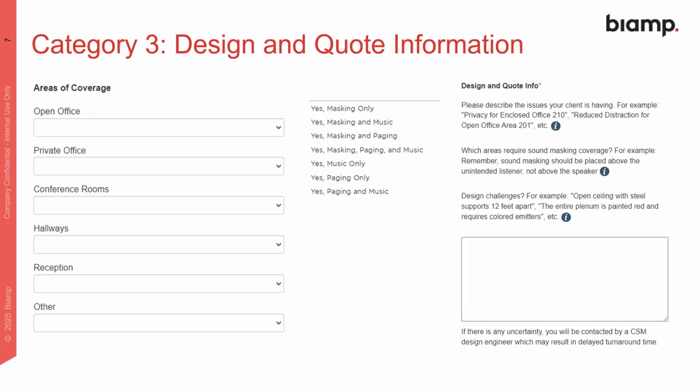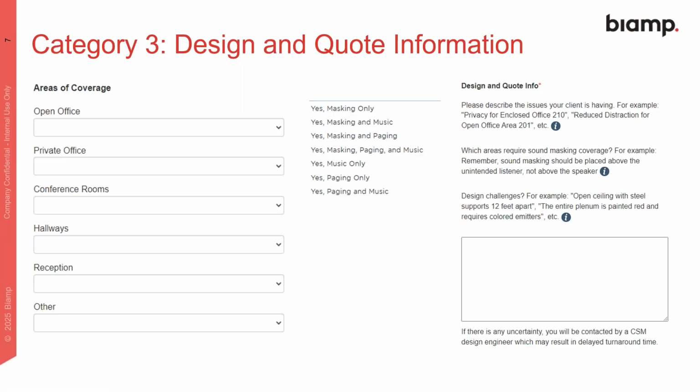The next category, you'll notice that it's fairly easy in terms of which you would like. Each one of those categories, open office, private office, conference room, hallway, reception, and other, have a drop down that have a matching item that is in these categories in the middle, masking only, masking music, masking paging, and so on.